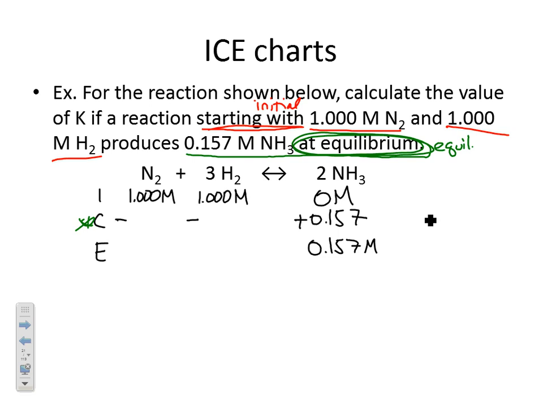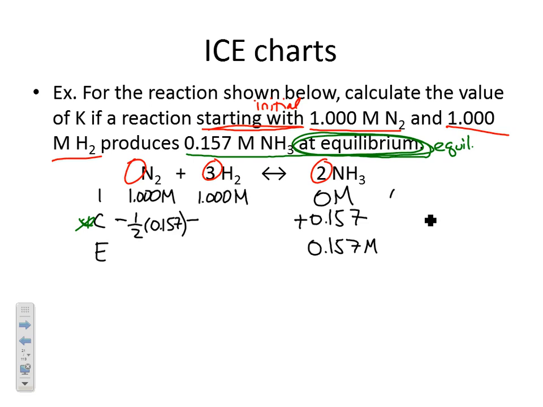So I figured out the change for the ammonia. Now I'm going to use stoichiometry to figure out what the change for the nitrogen and the hydrogen must have been. So this is where the coefficients are going to come into play. The change for the nitrogen is going to be 1/2 of the change for the ammonia, 1/2 of 0.157.